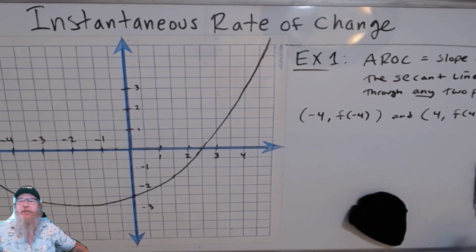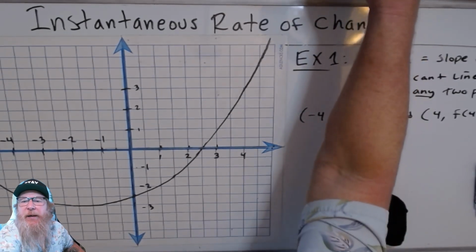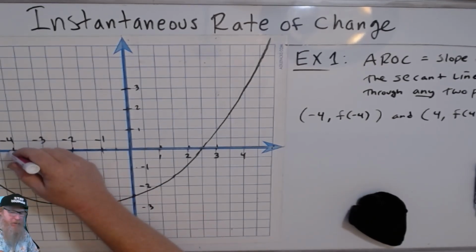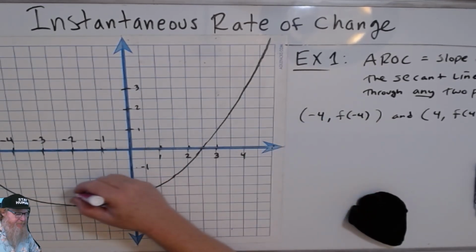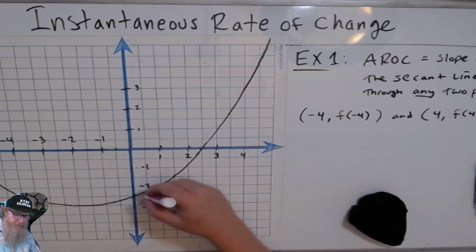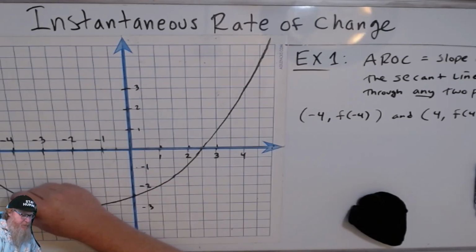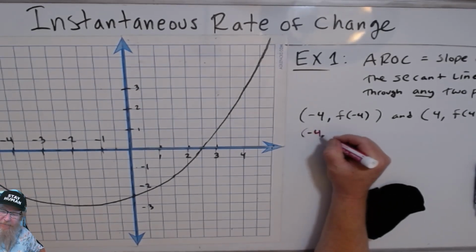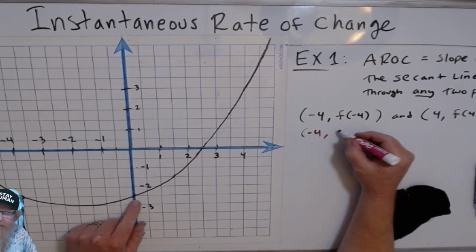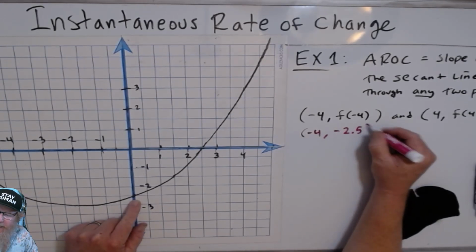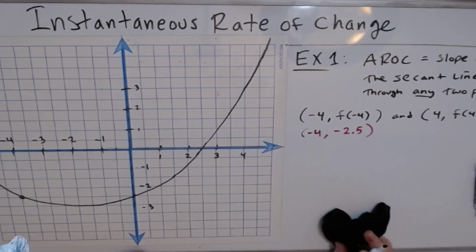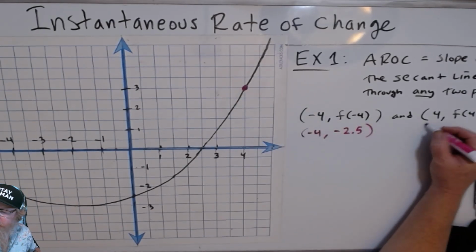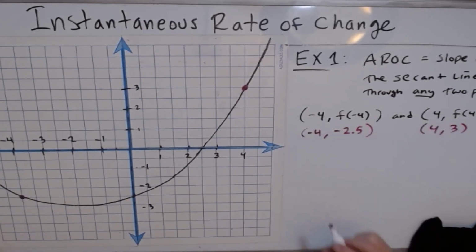Got to scoot over a little bit. So we have -4 and f of -4. So this point here will be -4 and -2.5. And then we'll go all the way to 4 and f of 4, which will be 4, 3.